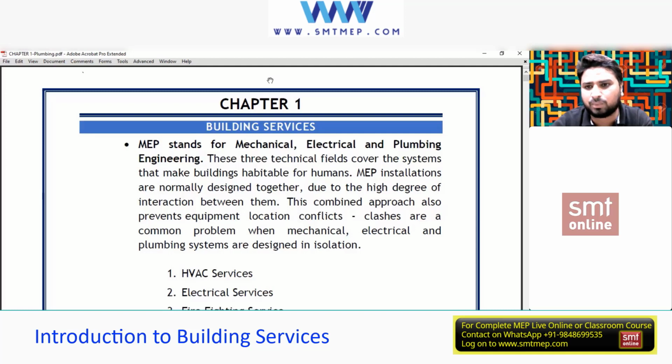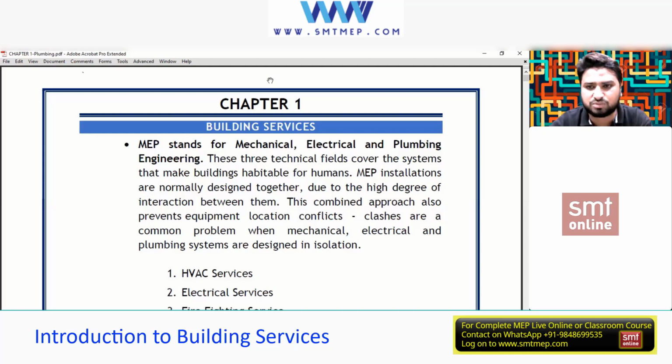For example, in a residential building I need plumbing, and in case of fire I need at least portable fire extinguishers. So firefighting comes into the picture, and we could not imagine a building without lighting, or without air conditioning, because temperatures are increasing year by year because of global warming.